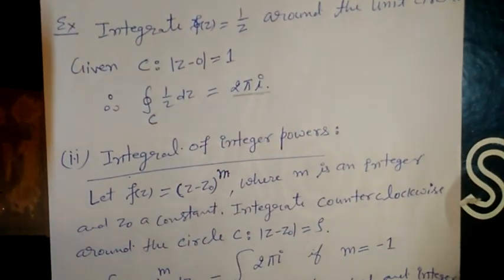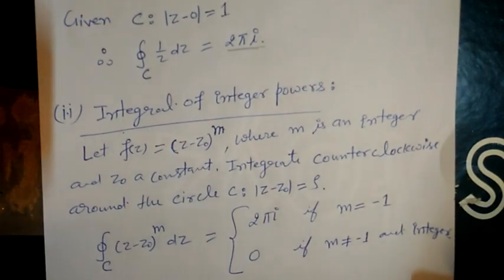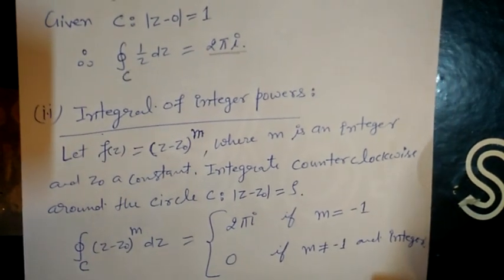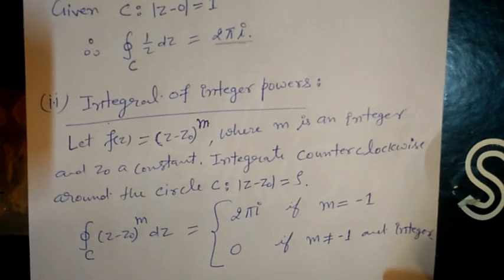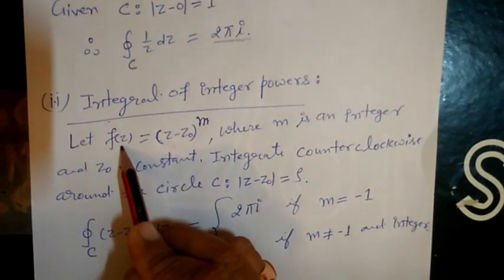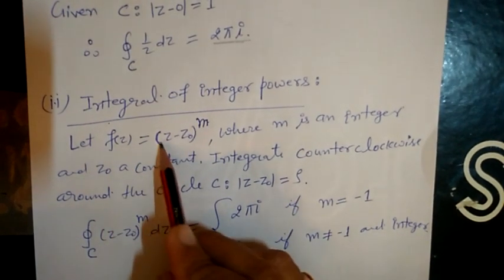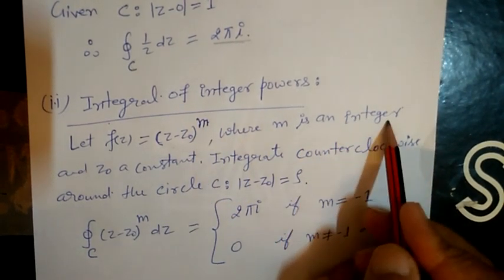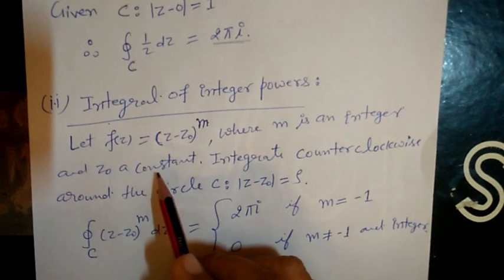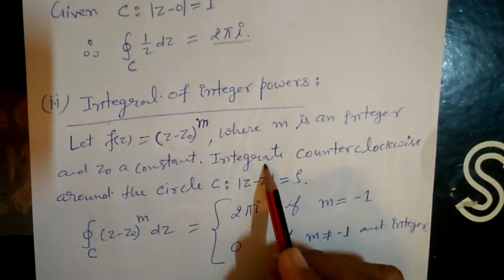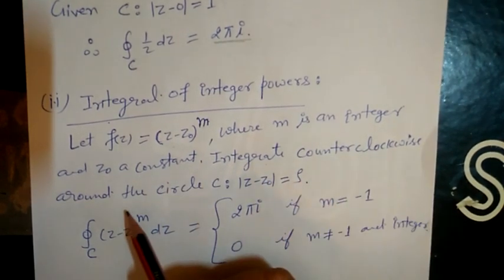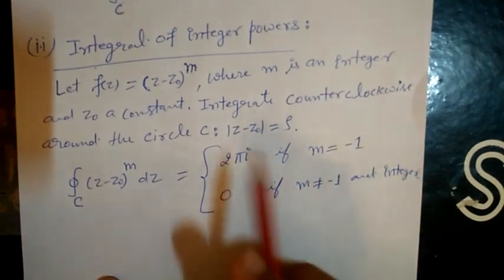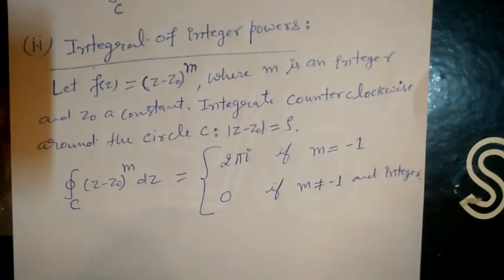The second part of complex integration is the integral of integer powers. Consider the complex valued function f(z) is equal to z minus z0 to the power m, where m is an integer and z0 is a constant. Integrate counterclockwise around the circle C such that mod of z minus z naught is equal to rho.